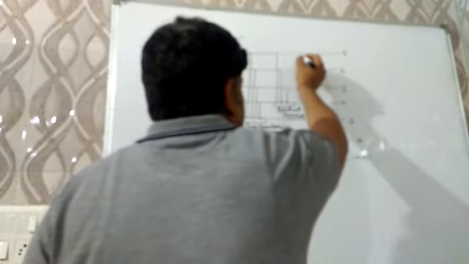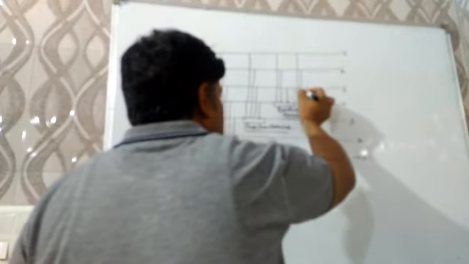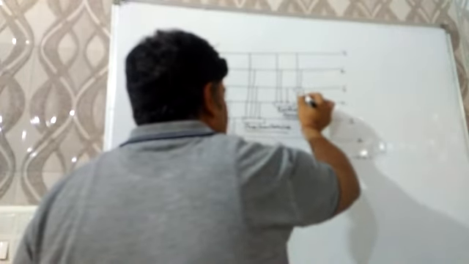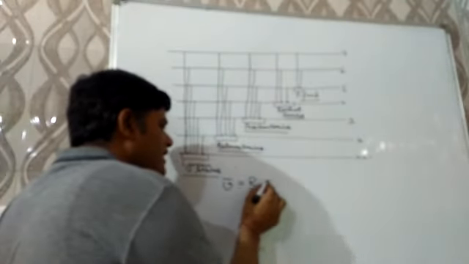Next series of lines I have mentioned is Pfund series. Pfund series is obtained when the electron jumps from higher energy level to the fifth energy level.